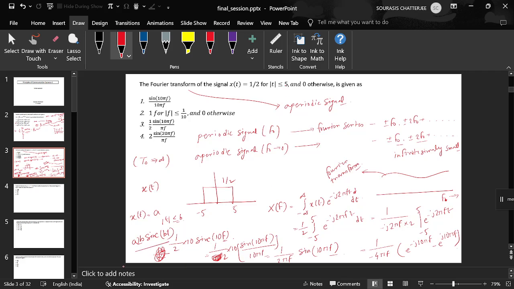So based on the interval and the amplitude, you can directly compute what the Fourier transform is going to be. In this case, it's half sine 10 pi f over pi f. That can be written in terms of the sinc function also. So the third one is the correct answer.